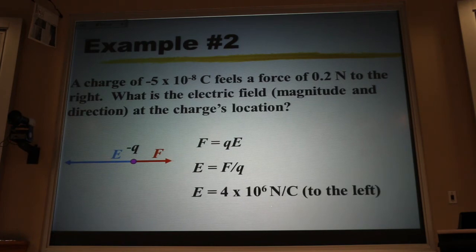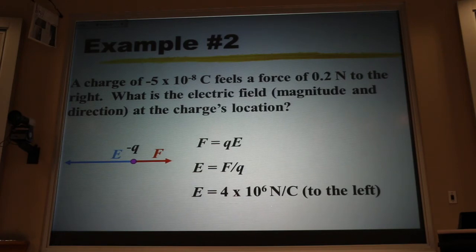Now again, if I did that mathematically, I would say these are vectors. The force was 0.2 newtons to the right. This is a -5 times 10 to the minus 8 coulombs. And I want the electric field.